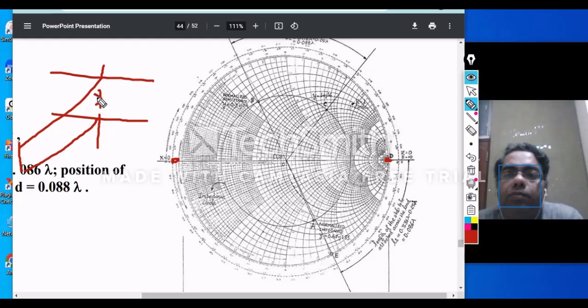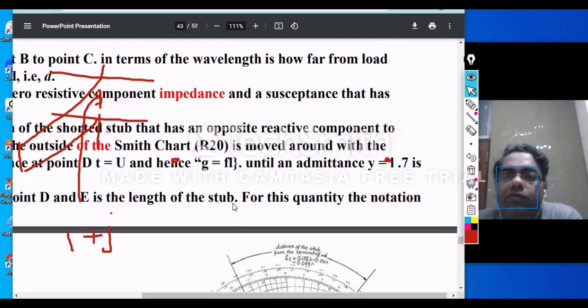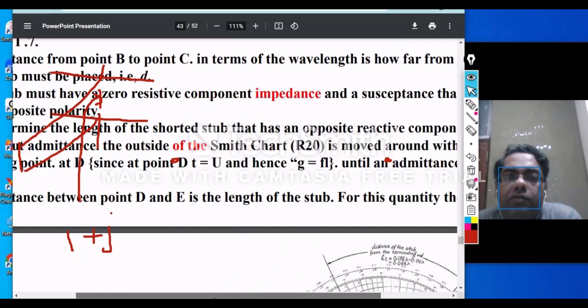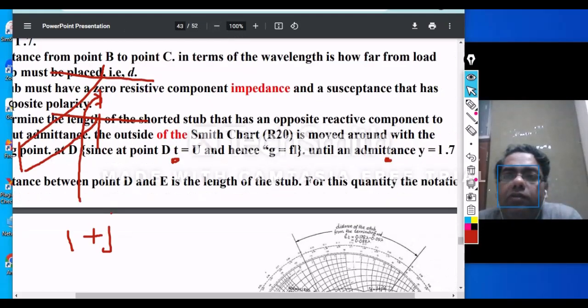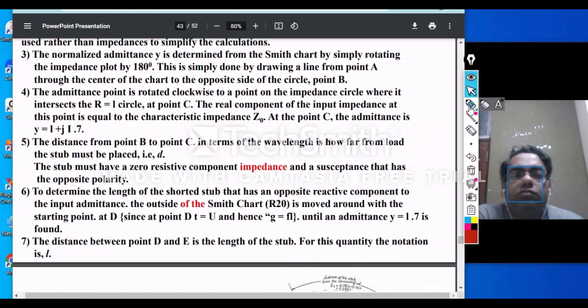We have seen that the input admittance at a distance Ls is 1 plus j1.7, this we got.